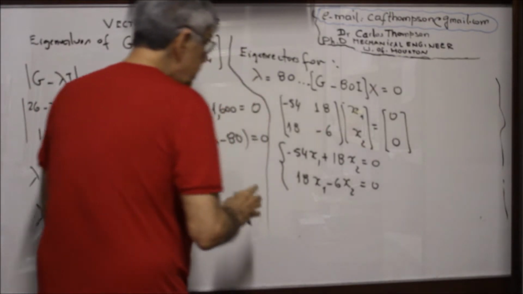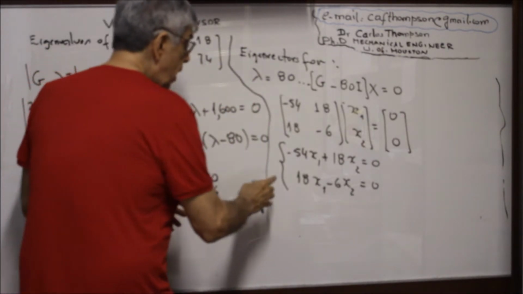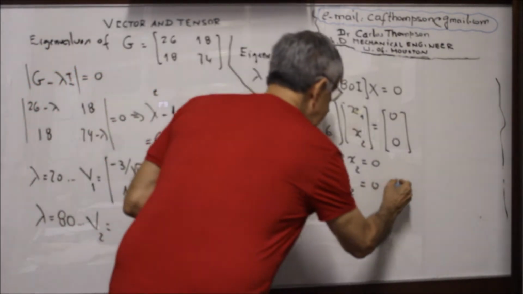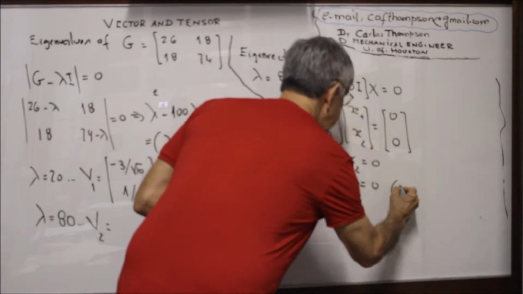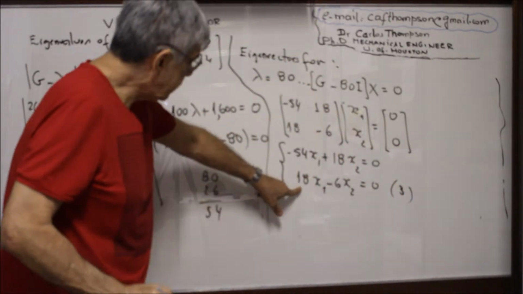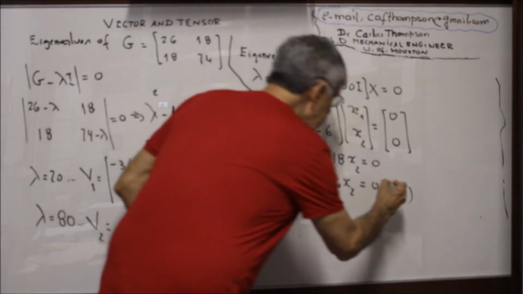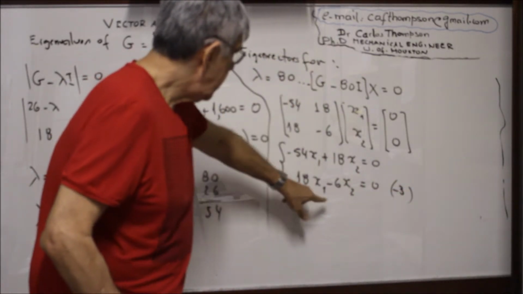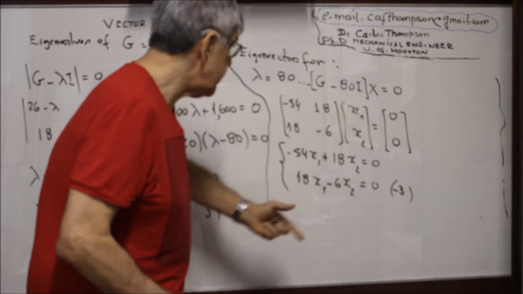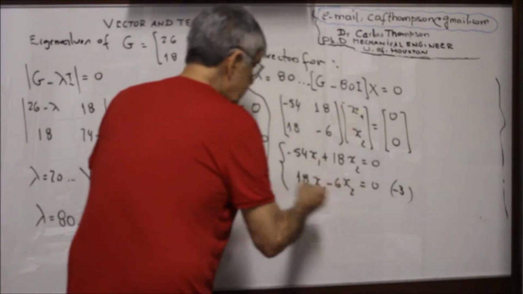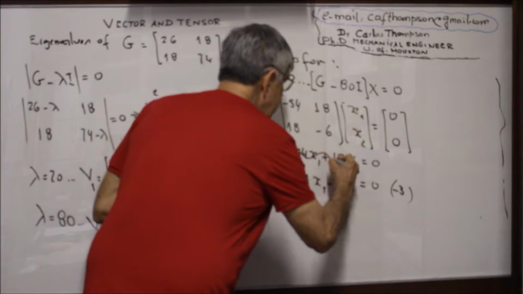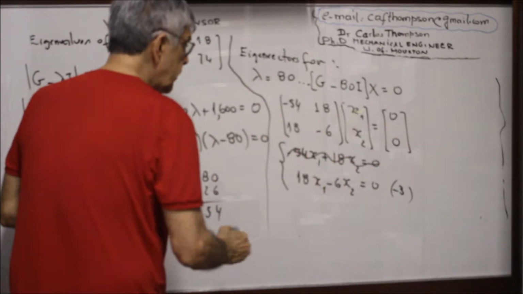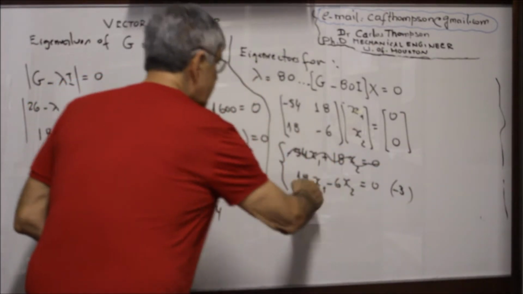Now we can see here, if I multiply the second equation by minus 3, 3 times 18 gives minus 54, and this is plus 18. So we can, if you want, forget one of these equations, and let's divide by 6.